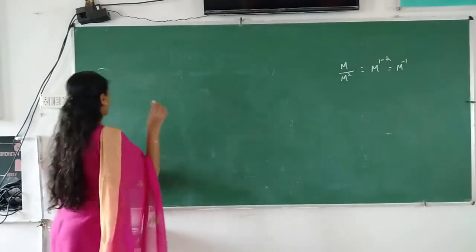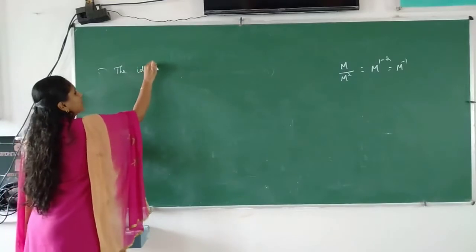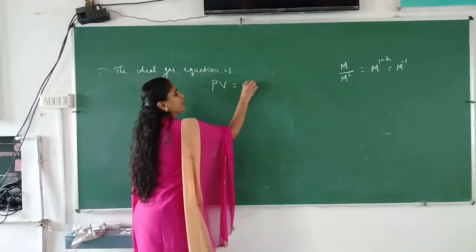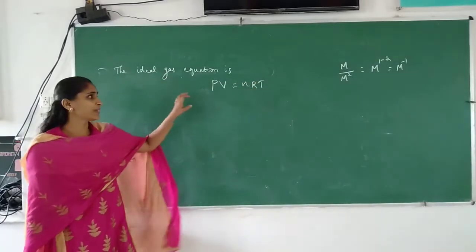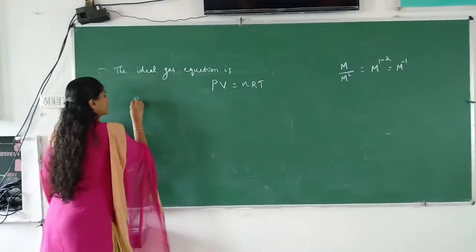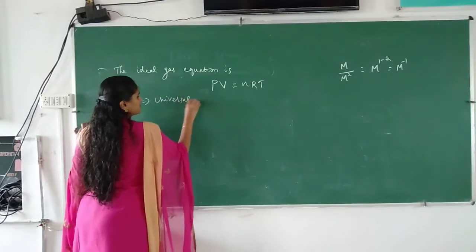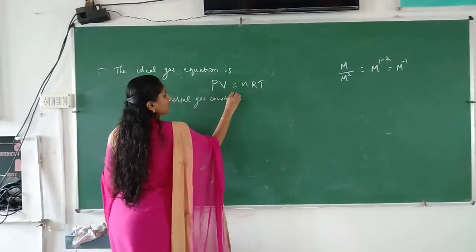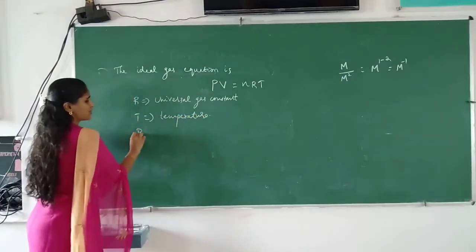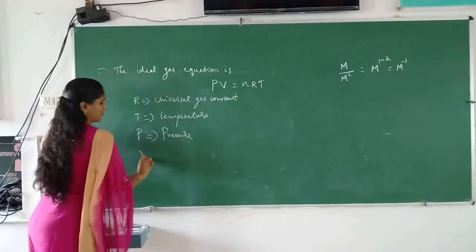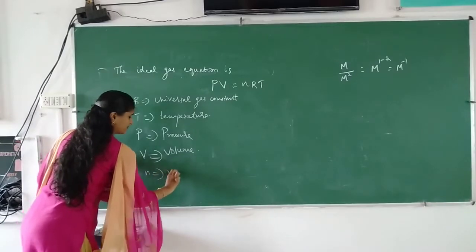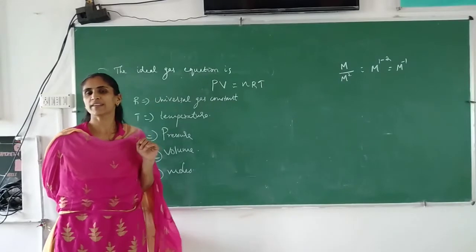The ideal gas equation is given by PV is equal to nRT, where P is pressure, V is volume, R is the universal gas constant, T is temperature, and n is the number of moles. So from this you have to find the dimension of R.